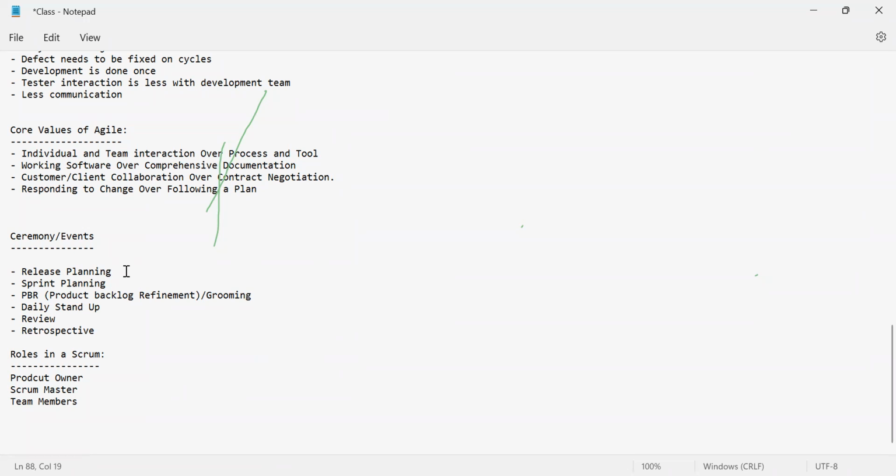How, when, what, where will be discussed as part of release planning. Any questions on release planning? We will not be part of release planning. Don't worry about it. Okay. Sital, Supriya, are you good?